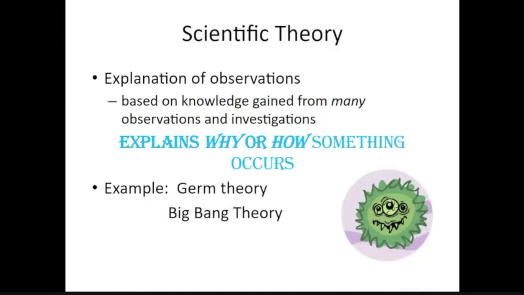The germ theory: a long time ago, people didn't know why they got sick. They thought maybe it was some crazy mythical gods that made them sick, or maybe it was because they had blue or black bile in their bodies. They had strange theories about how they got sick. So when people figured out that germs make you sick, they actually called it the germ theory.